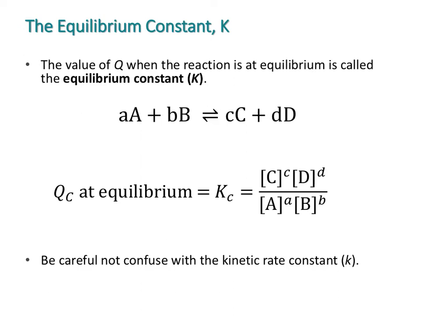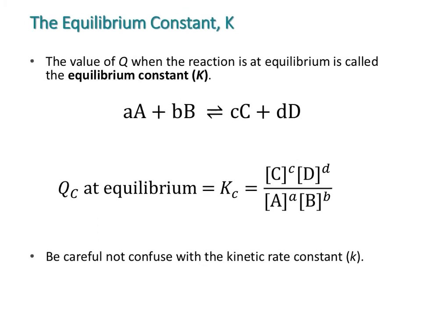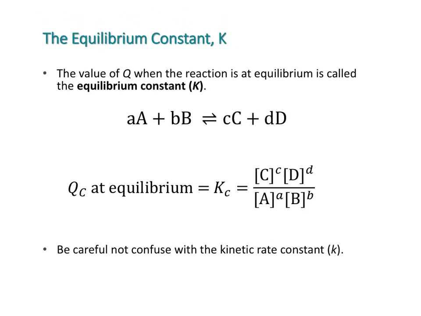So we have talked about equilibrium, what that means, and also the mathematical expression of it, which is called the reaction quotient. So the reaction quotient, we call it QC, and if you remember, it actually looks a lot like this right here.